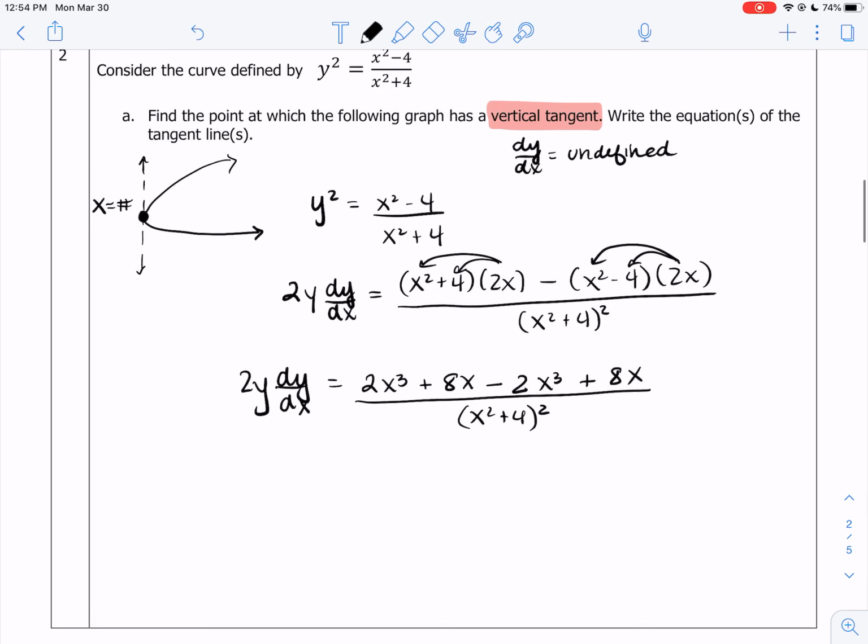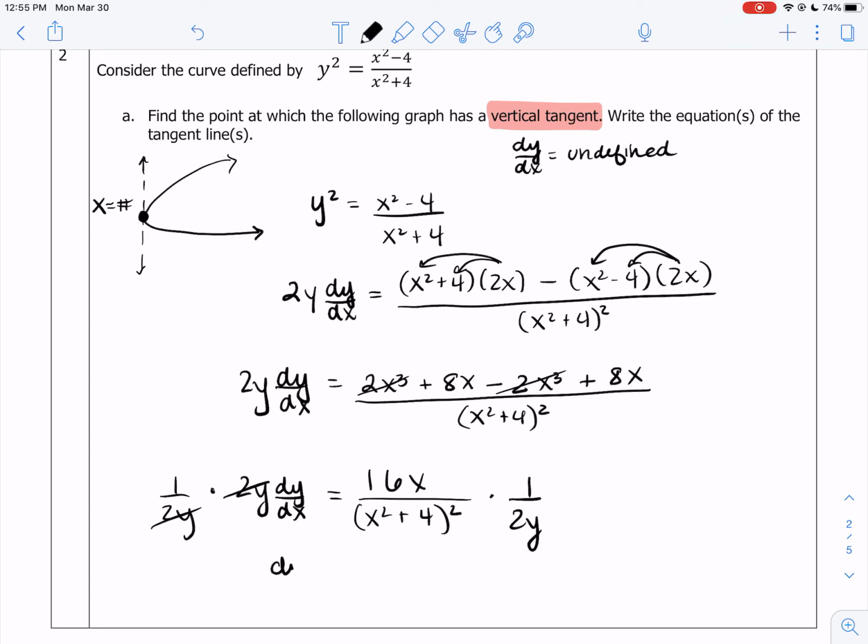Again, we can combine our terms in the numerator. The 2x to the third and the negative 2x to the third will cancel. We'll be left with 16x on top, and we have x squared plus 4 squared. Note that we still have 2y dy dx is equal to that derivative there. We haven't finished solving for dy dx. We can multiply both sides by 1 over 2y to get rid of the 2y.